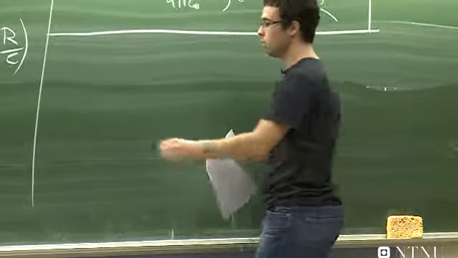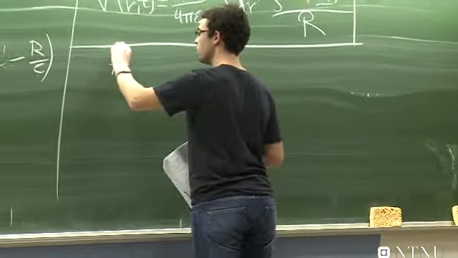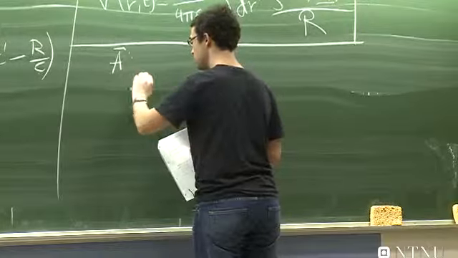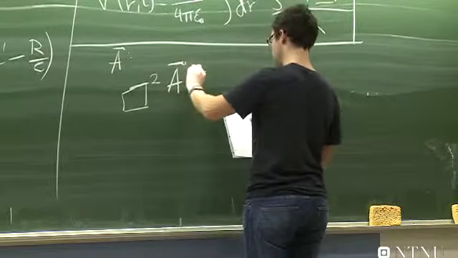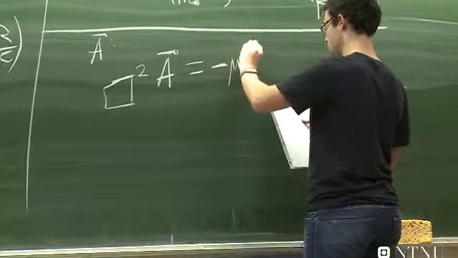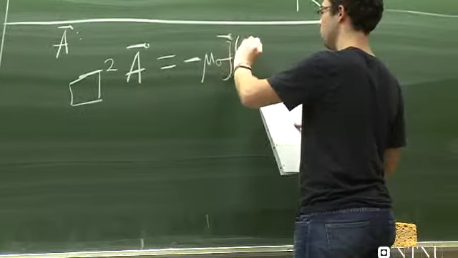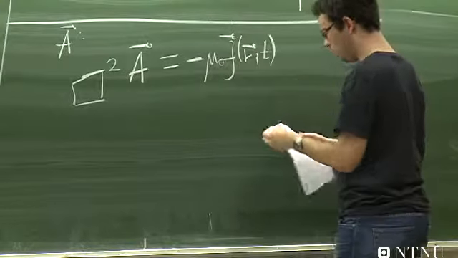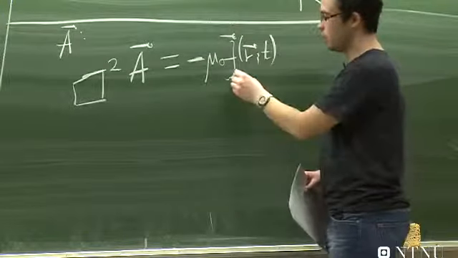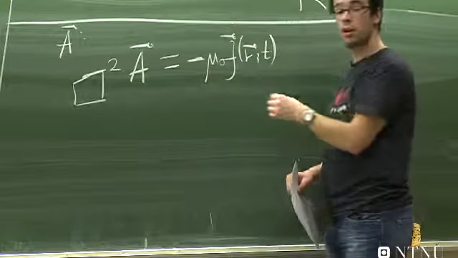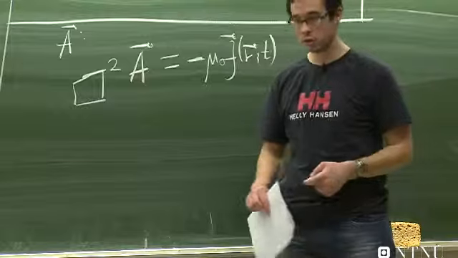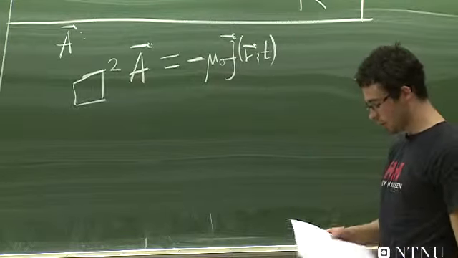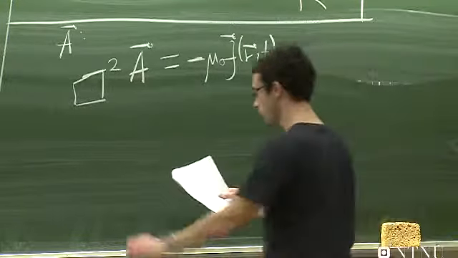We recall that the vector potential fulfills a similar equation component-wise. So the vector potential A fulfills the equation wave operator A vector is equal to minus mu naught J of r, t. And now we see that each of these components fulfills the Poisson equation. So the Green's function is the same, the boundary conditions are the same. And finally, we can just write down the solution.